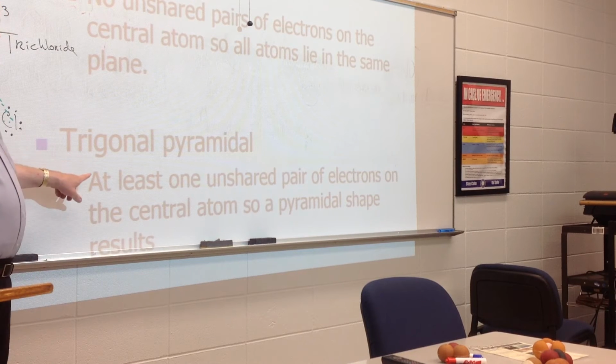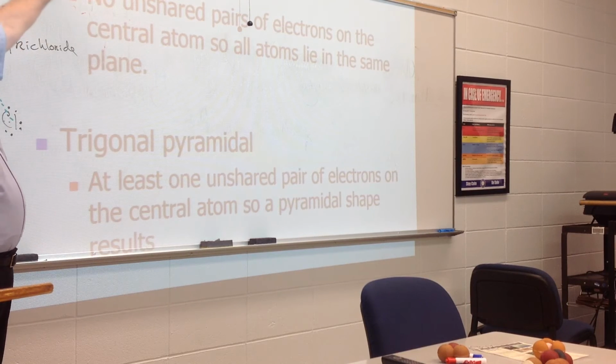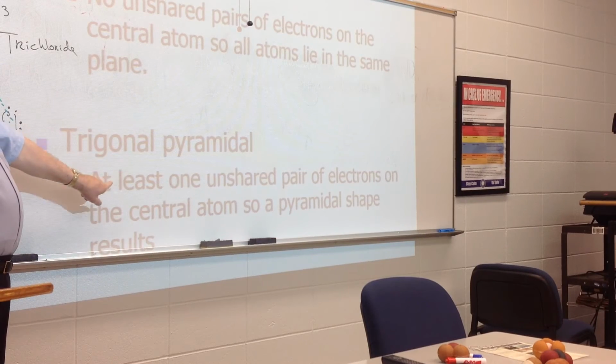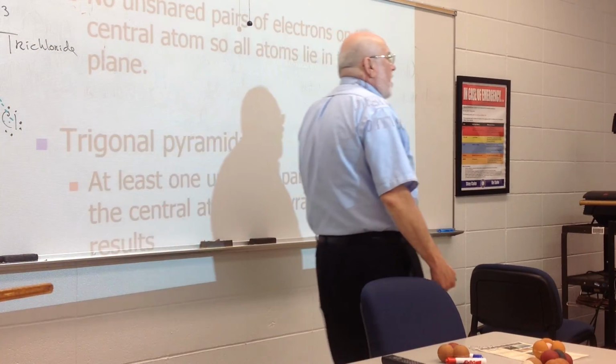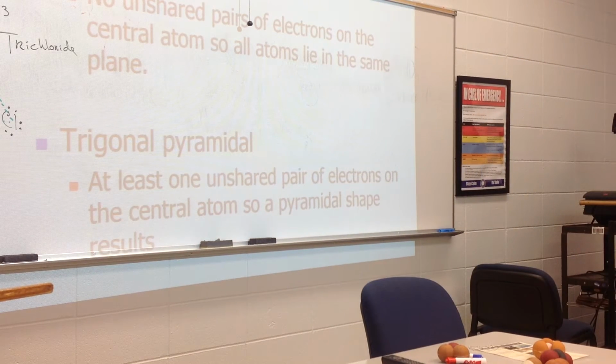Well, at least 1 unshared pair of electrons on the central atom. 4 atoms, 2 different elements, at least 1 unshared pair of electrons on the central atom, and you end up with what's called trigonal pyramidal. Trigonal pyramidal.